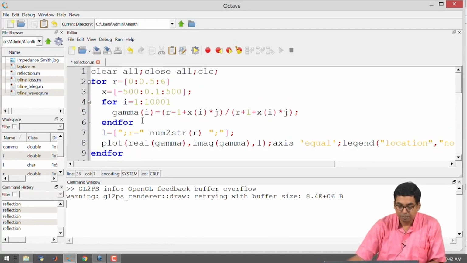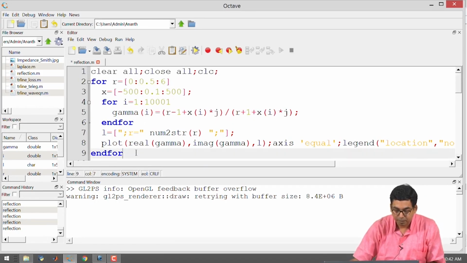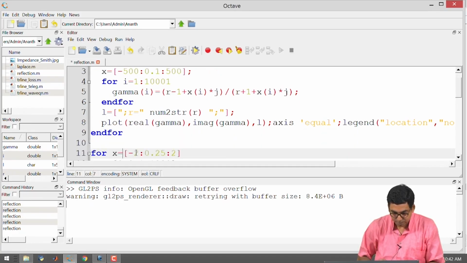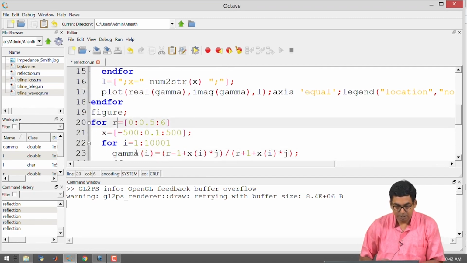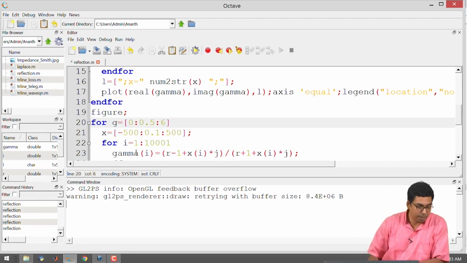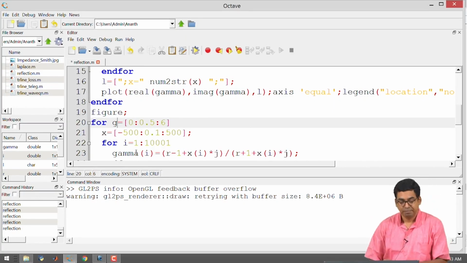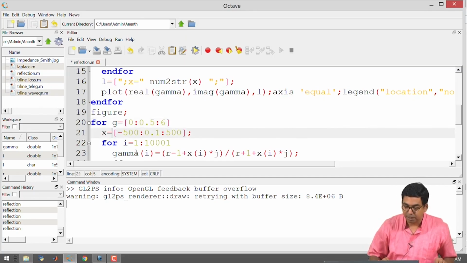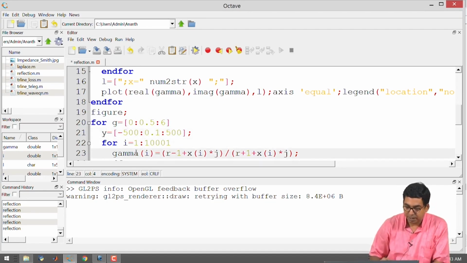So, I want G going from 0 to 0.5 to 6, let us say. I am not going for negative values of G because we are dealing with passive circuits again, okay. And instead of X I am going to use the variable Y, going from minus 500 to plus 500, keeping everything else the same.